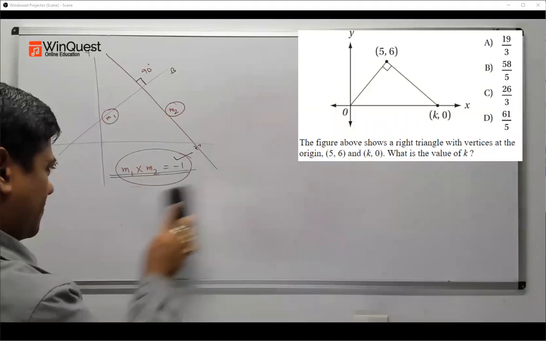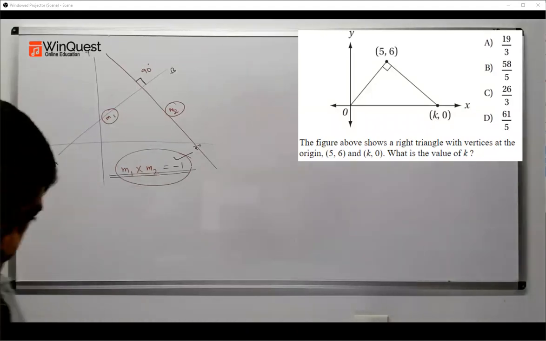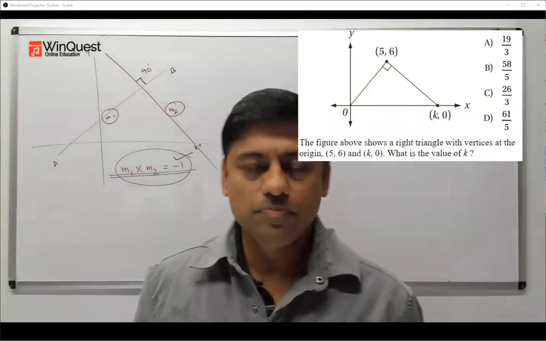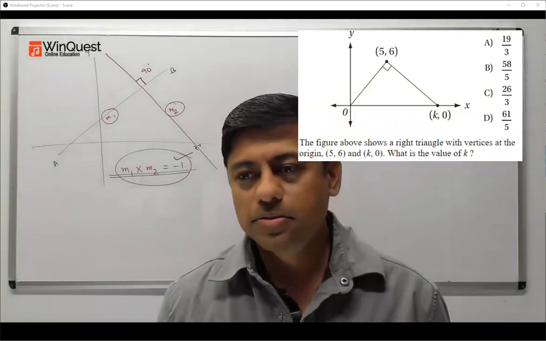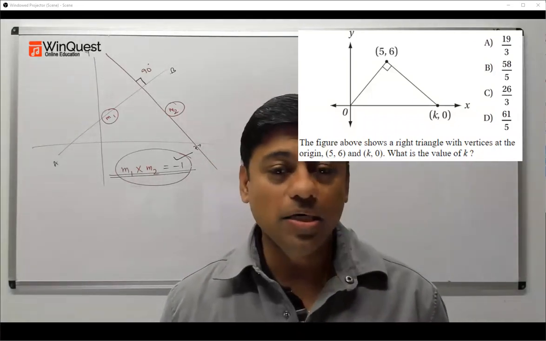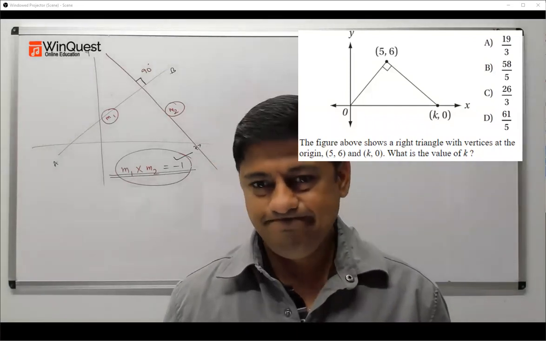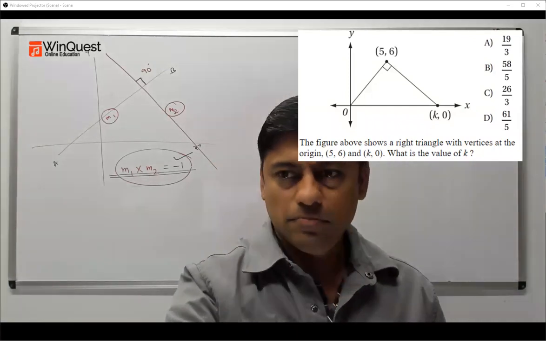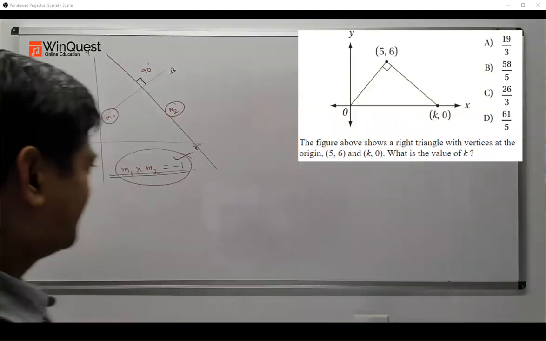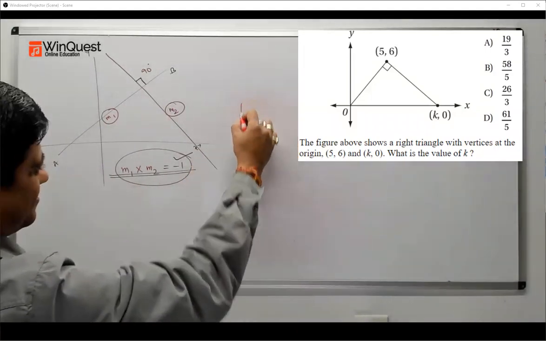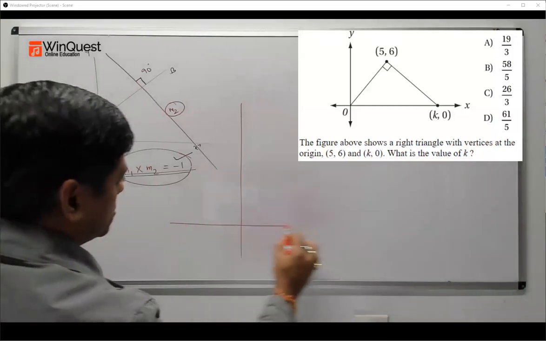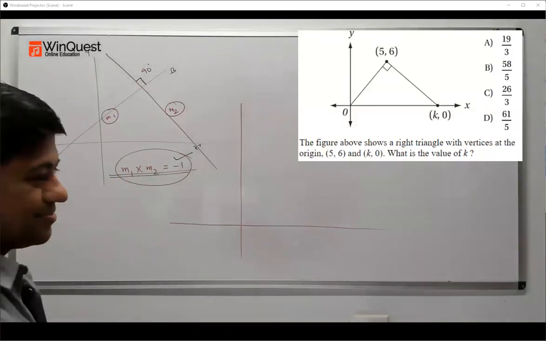I was thinking of finding the slope, but I don't know what to do after that, like what others were saying. Okay. Thank you. Ananya, any thoughts? No thoughts? I'm not really sure how to solve it.